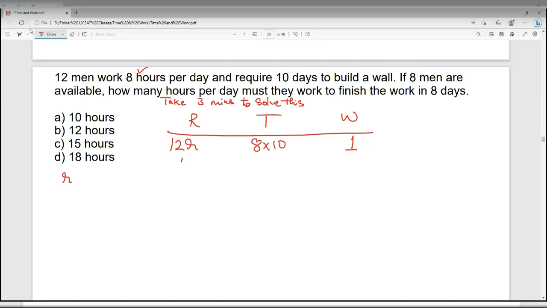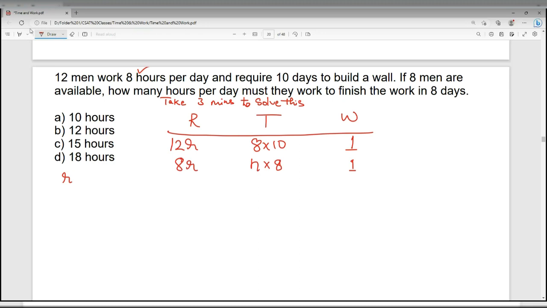So there are 8 men. The combined rate would be 8R. And we don't know how many hours they need to work. That's what they're asking. So let that be H. And the days they need to work is 8 days. And they have to complete the work, one wall.